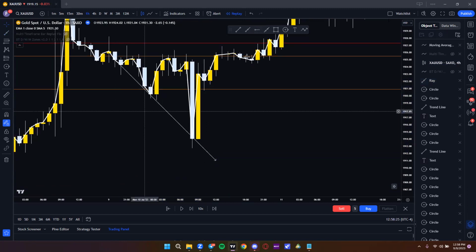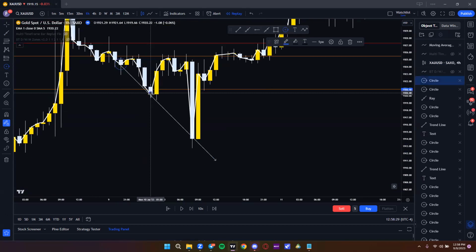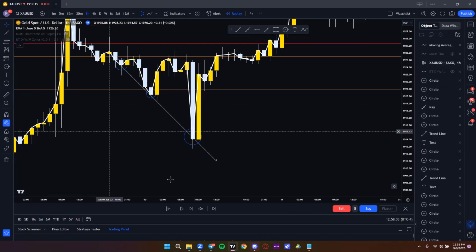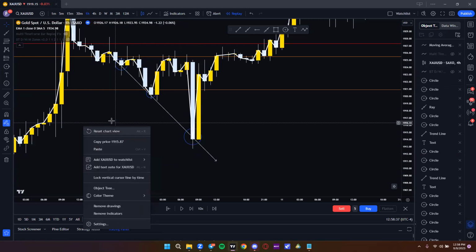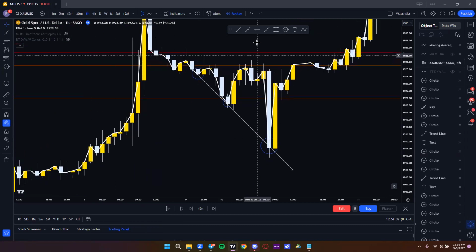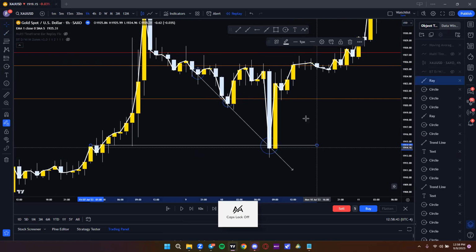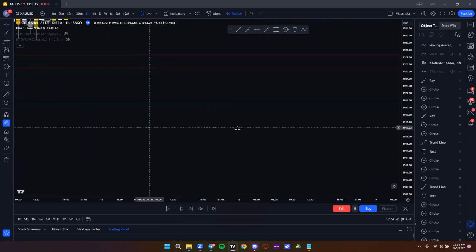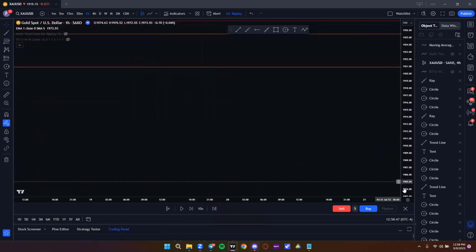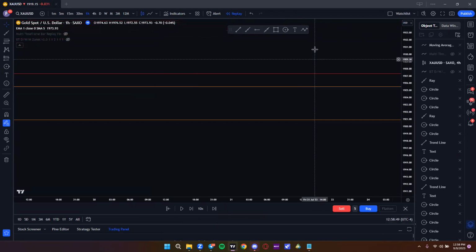Yeah. So you have point 1, point 2, point 3. So your entry will be here, and that is the main rule, right? Points 1 and 2 need to come from closing price.